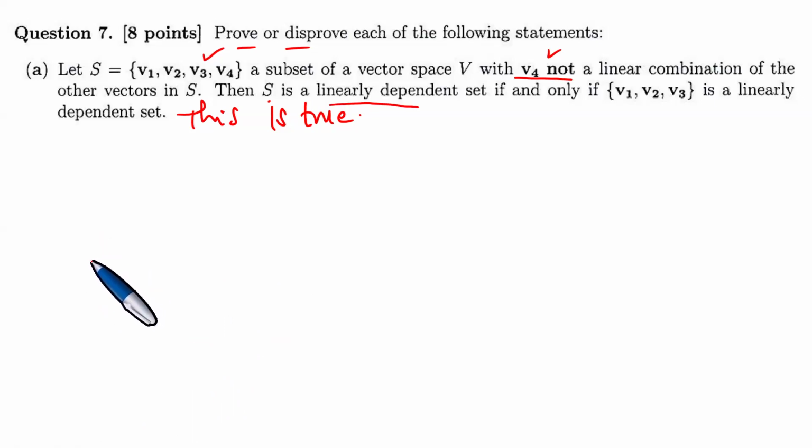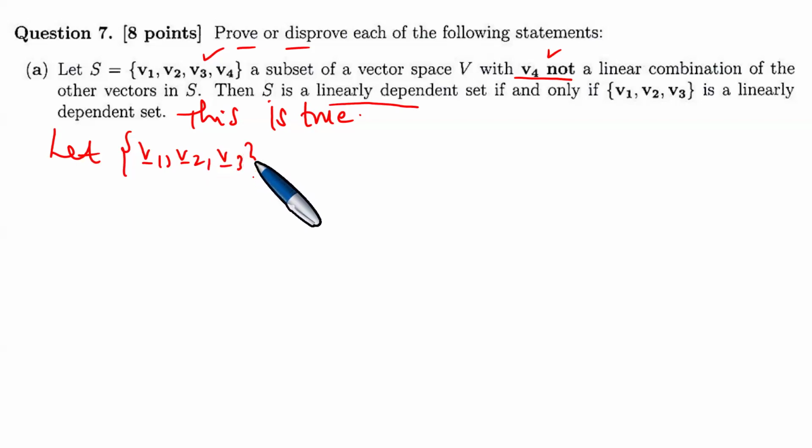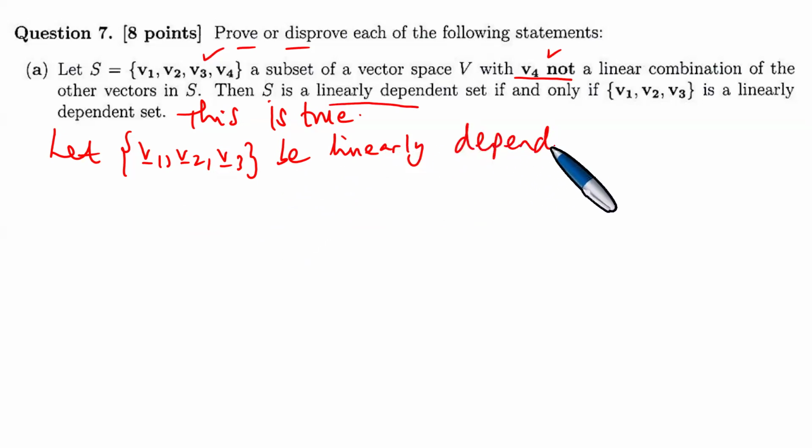And now, a couple of ways then. You can say, let V1, V2, V3 be linearly dependent.